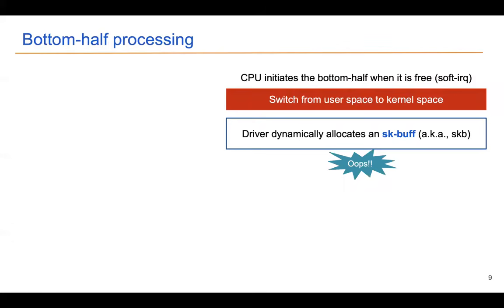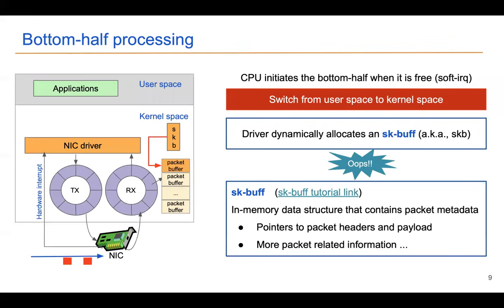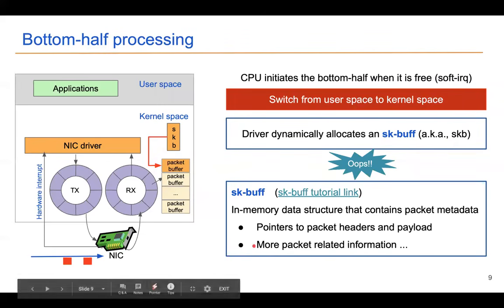The NIC driver dynamically allocates an SK buff for the received packet. What is this SK buff? SK buff, also called SKB, is an important data structure for network I/O processing. SK buff contains the packet metadata like the pointers to the packet headers, pointers to the payload, and more packet related information.